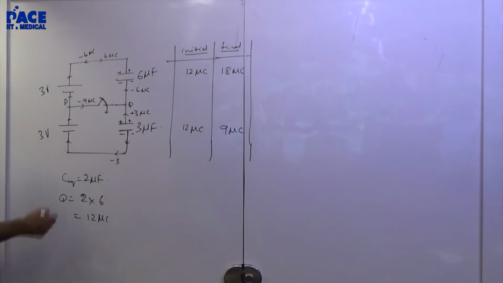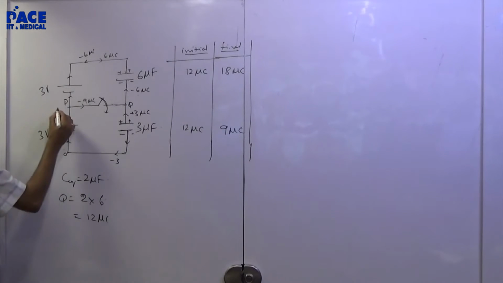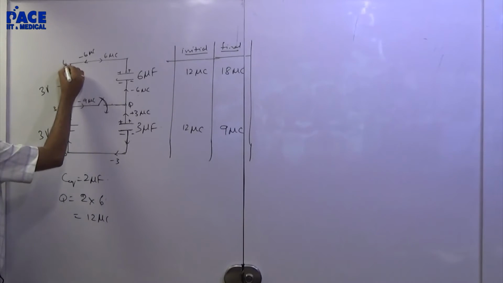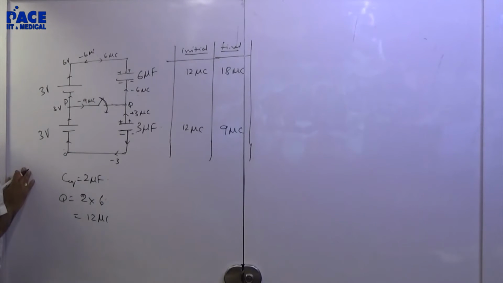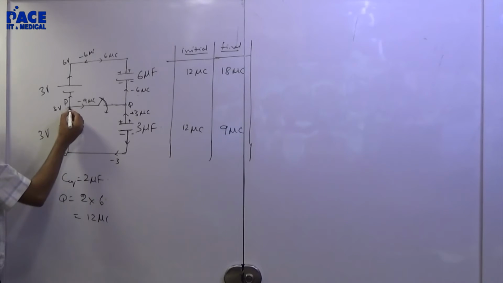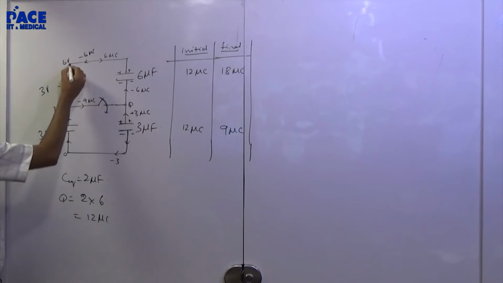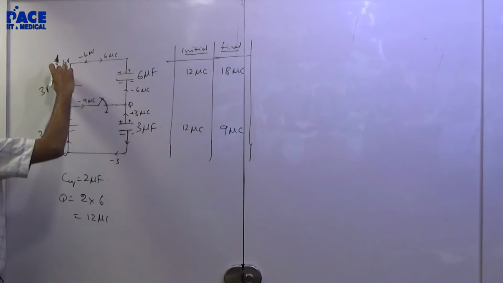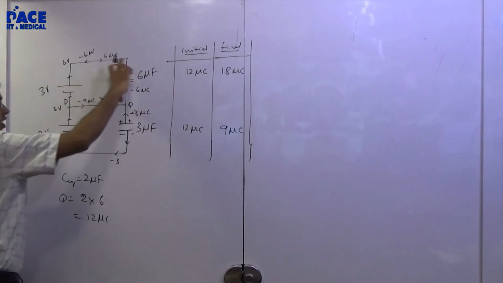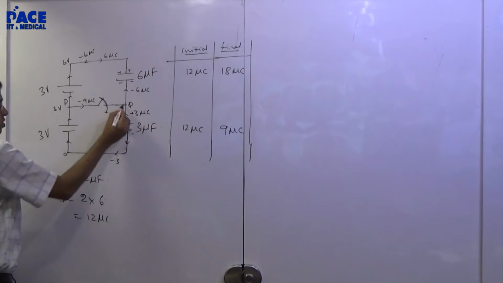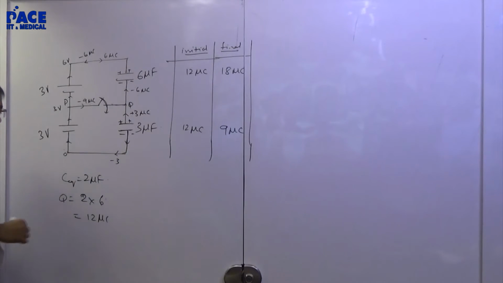The battery here has 0 volt, this will be 3 volt, then this will be 6 volts. Agreed? Yes, sir. This is maintaining 3 volts here, and this will maintain 6 volts here. So the potential difference of 3 will appear across this. This and this will be at 3 volt, this and this will be at 6 volt.